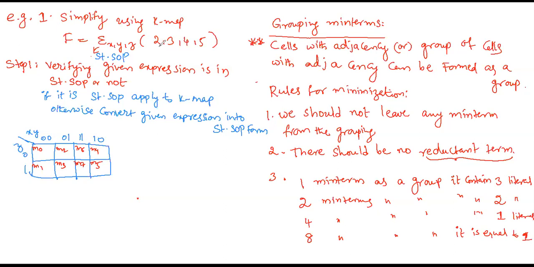Okay. Now, if the expression is in the standard SOP, wherever the number is present, M2, minterm 3, minterm 4, minterm 5, in the respective boxes, keep 1. In the respective boxes, keep 1. M2, 1.